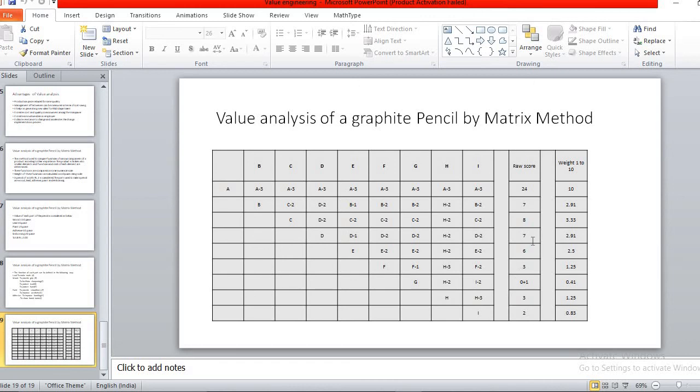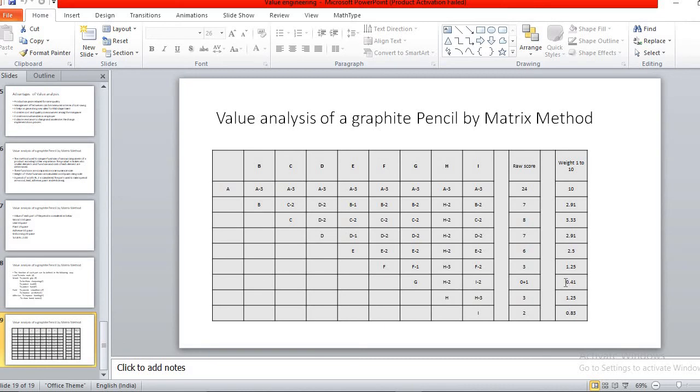And accordingly we calculate the weightage of each function. From this weightage, you can find that the G function and I function have very little weightage score.